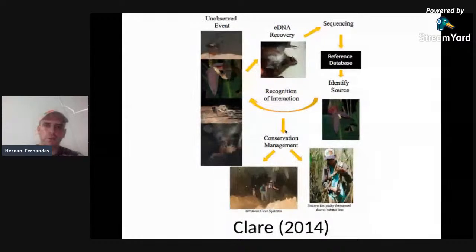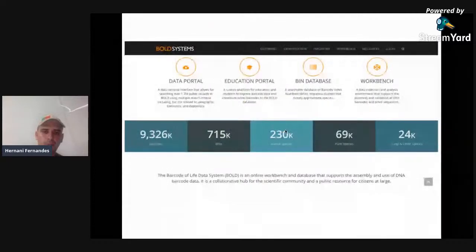There's also a specific way that you can sample them: you can use these methods and collect DNA from different surfaces in order to describe interactions. If a species is present there, it is going to leave DNA, and if you collect the DNA there, it shows that the interaction is present between these two species. We also have big depositories of data.